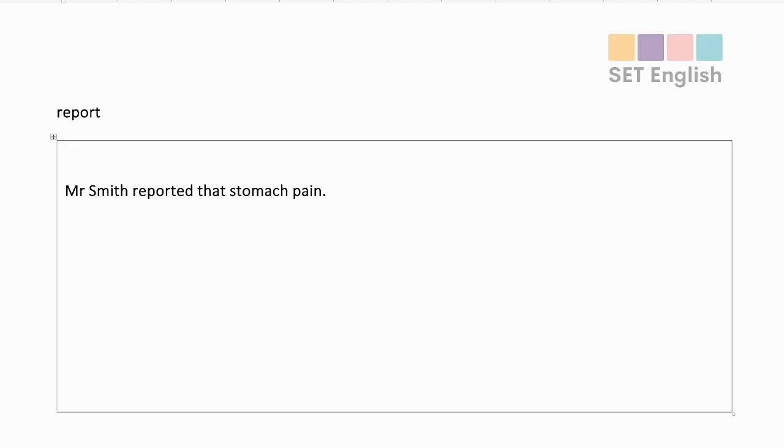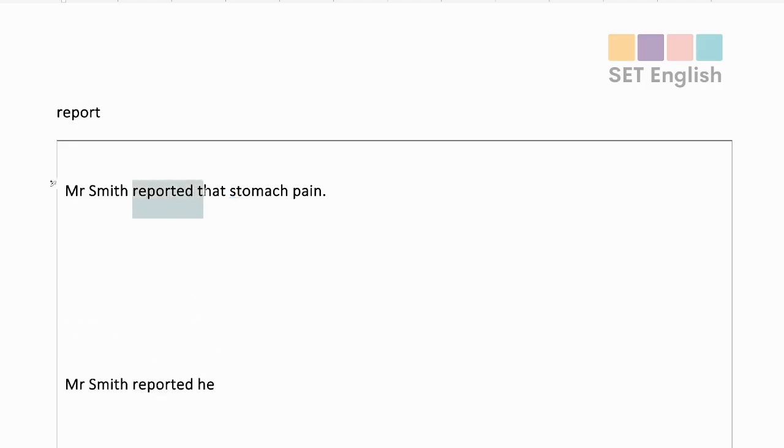Or you might do something like this. Mr. Smith reported that. We'll get into that in a moment. We'll give it an example in a minute. But reported that cannot be followed by a noun. Reported that is followed by a verb phrase.